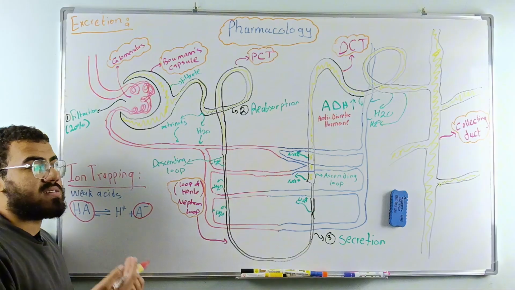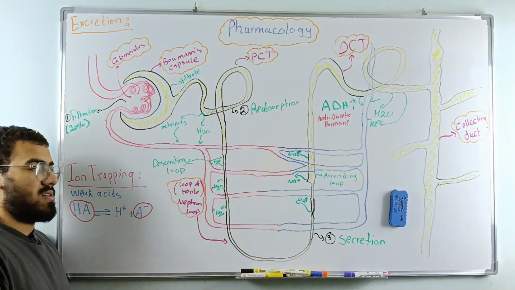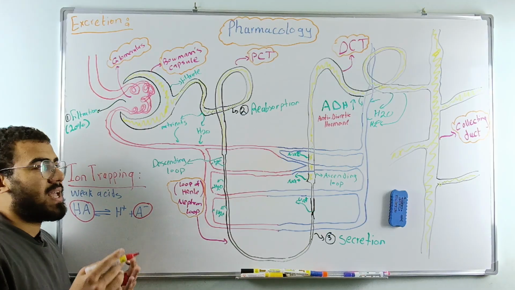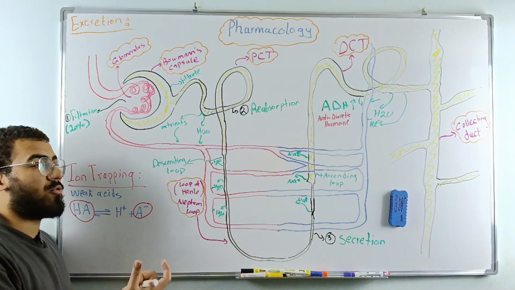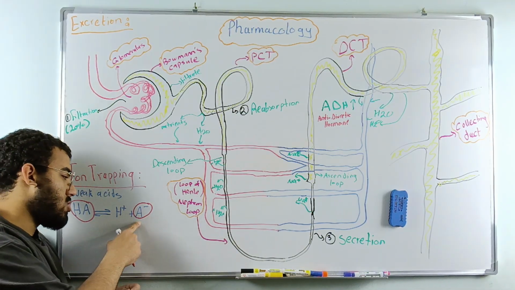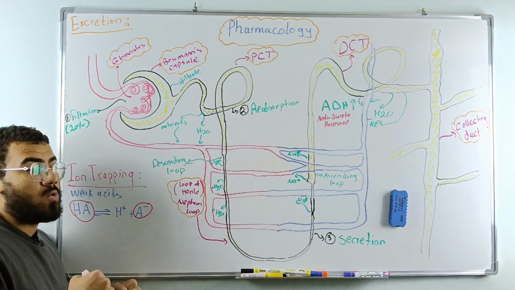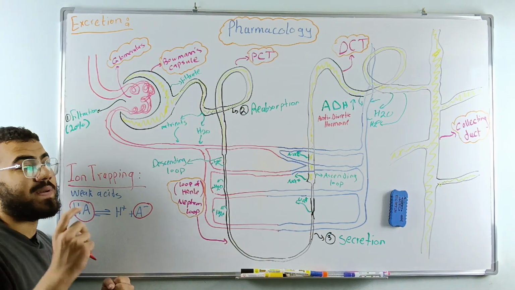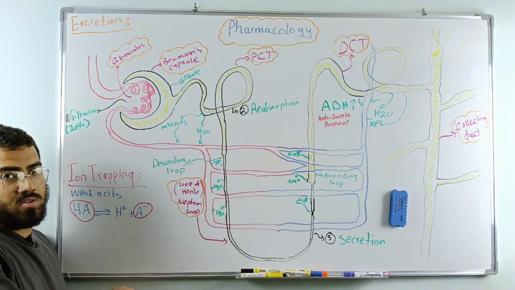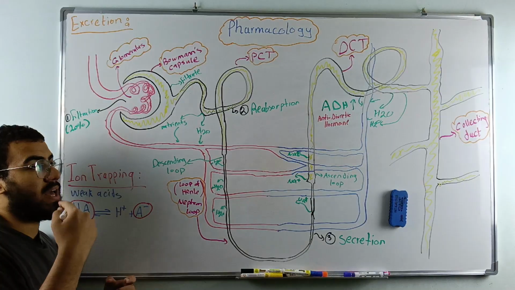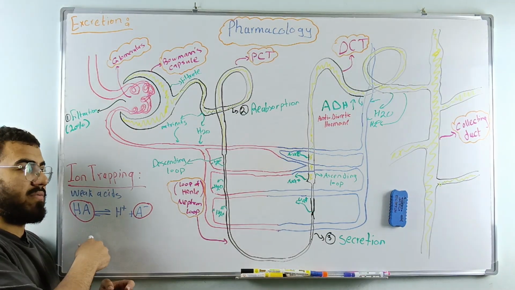Why? Because the cell membranes of the blood vessels consist of, for the 100th time, phospholipid layer, and the phospholipid layer contains a phosphate group, and the phosphate group is negatively charged. So a charge with another charge will repel each other. That's why polar compounds do not get absorbed easily through the blood vessels. So you need the substance to be nonpolar to get reabsorbed easily.